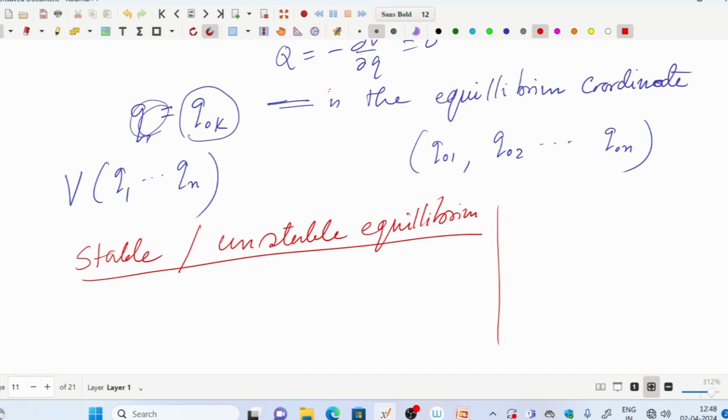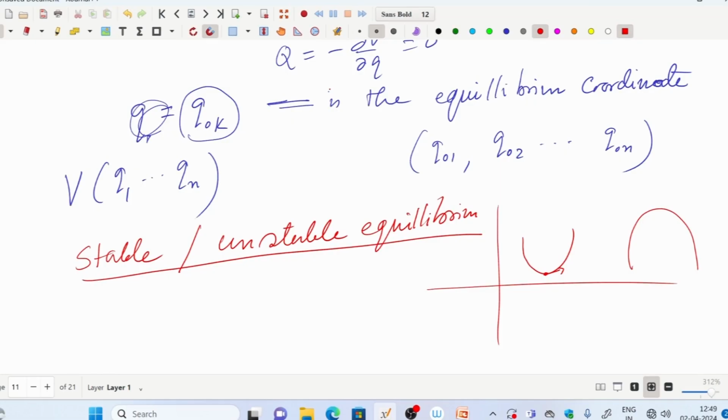Suppose you have a potential that looks like this, or looks like this, right. This we will call a stable equilibrium, if we disturb the particle a little bit from its equilibrium, it will be restored to the position. The particle will be pulled back to the position. If you disturb the particle from here or in this direction, then it will be pulled back.